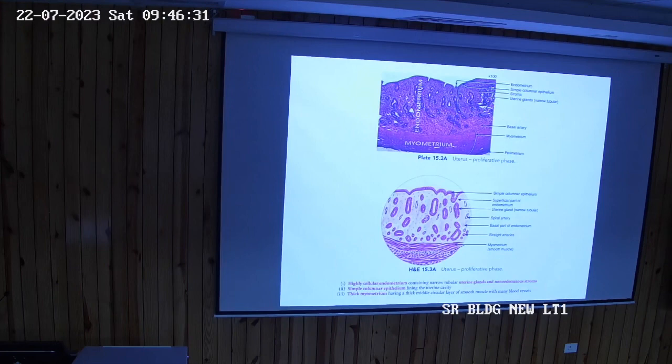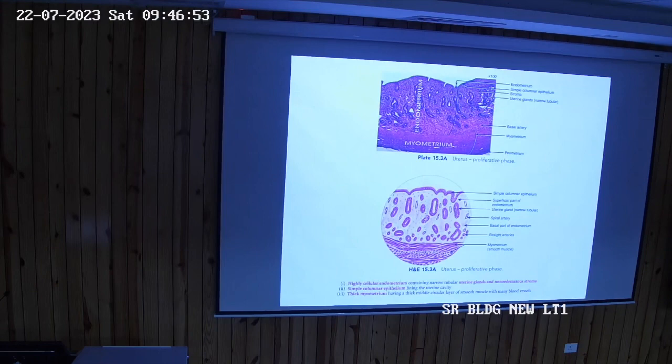Besides this, you can see a large number of these structures. These are the uterine glands. So the lamina propria shows blood vessels, nerves, and also the uterine glands.